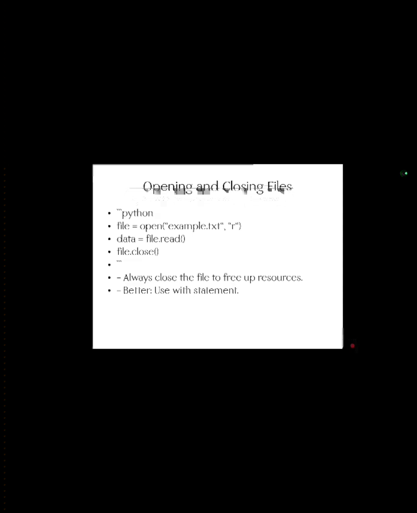Here in this example we used file.close. Since the file is opened at the starting line, we should close the file using the file.close function at the end of the code. Always close the file to free up resources. We can also handle this by using the with statement.